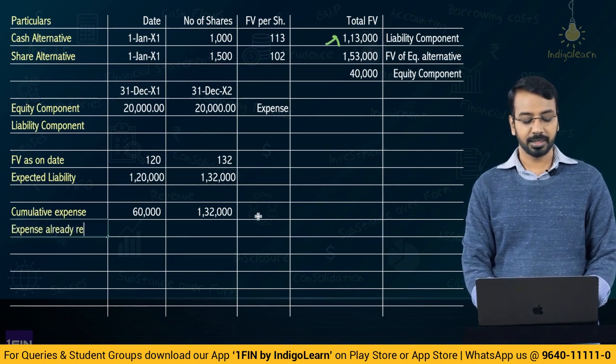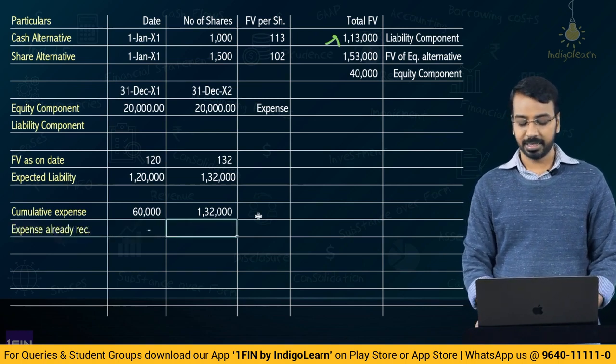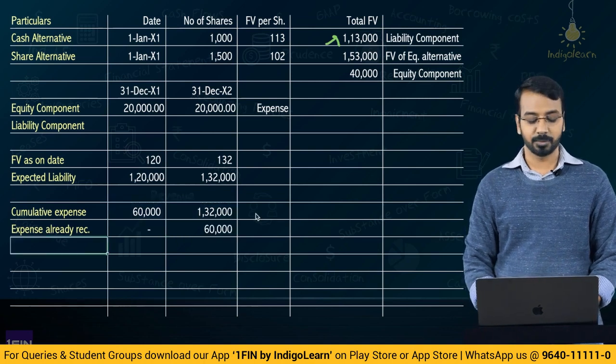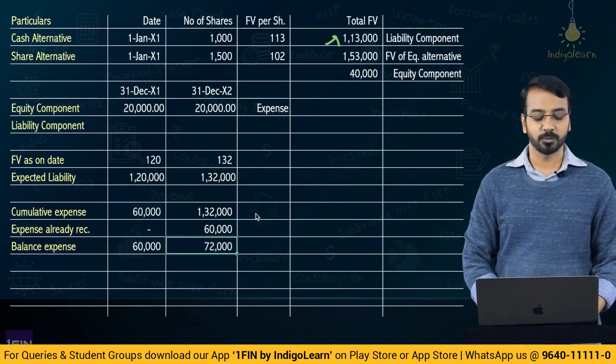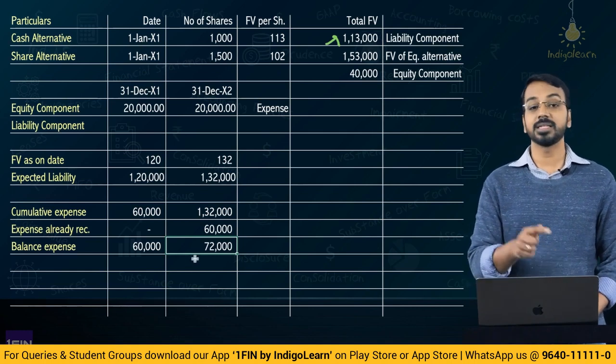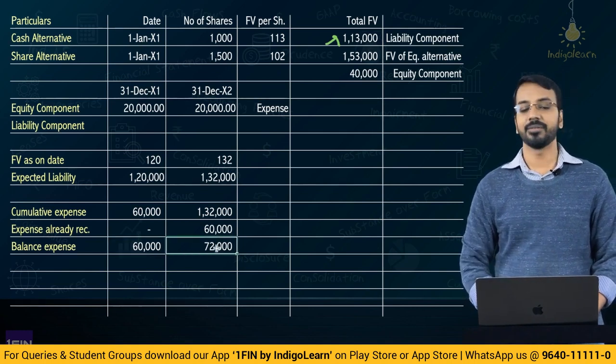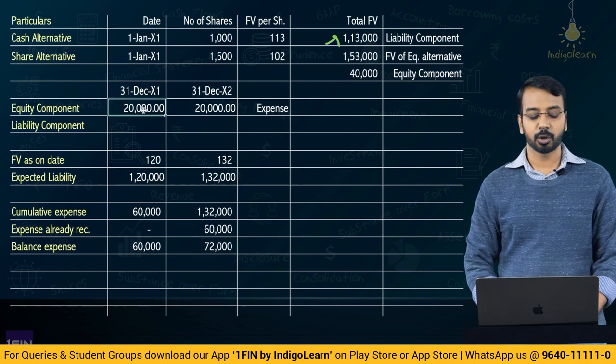Expense already recognized is 0 and then 60,000. Balance expense is 60,000 minus 0, 60,000, and 132 minus 60,000, 72,000, right. So, this will be the expense in each year, 60 and 72, and for equity component 20 and 20.